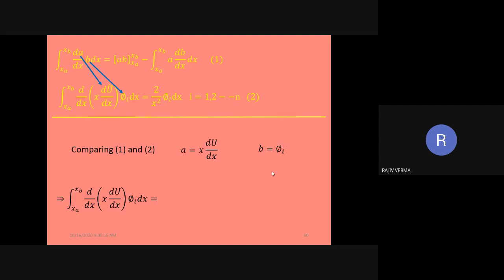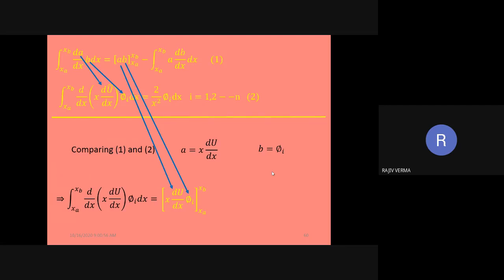Now coming to the remaining terms of equation number 1. So I have A and B over here giving you this expression, x into du by dx multiplied by phi I to be evaluated at xb and xa, और फिर उसका subtraction होगा.